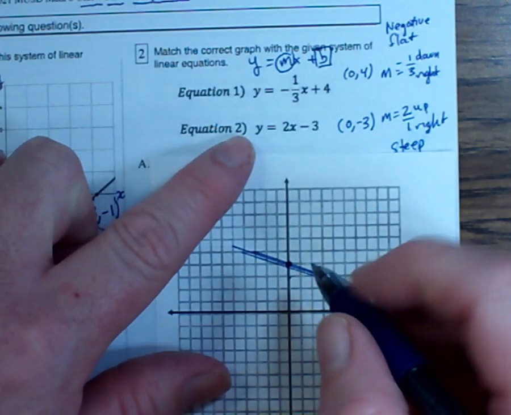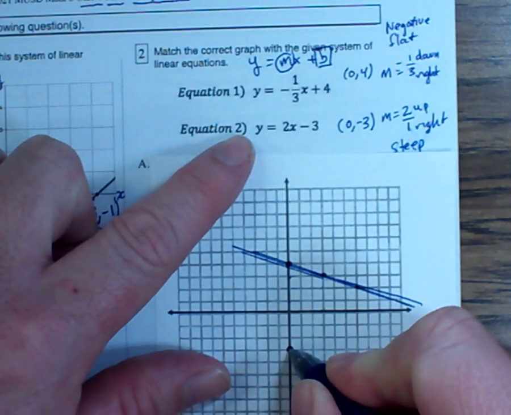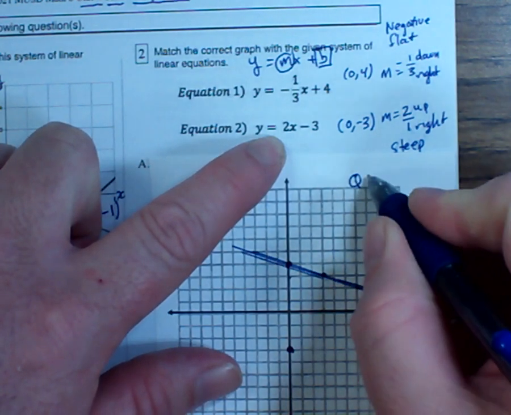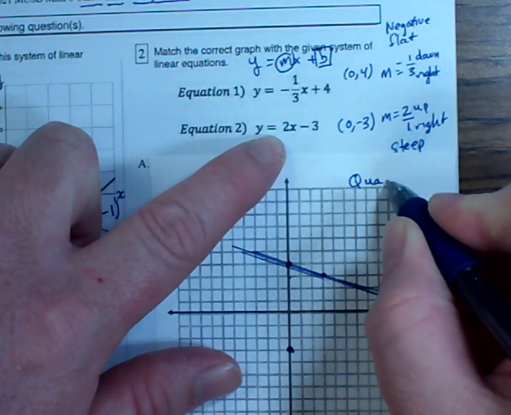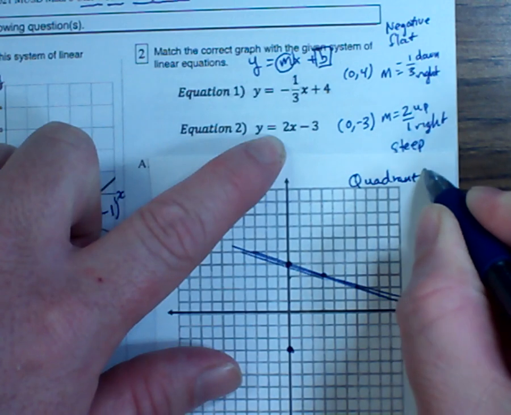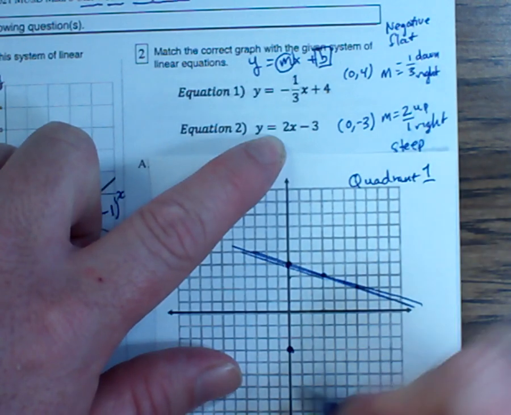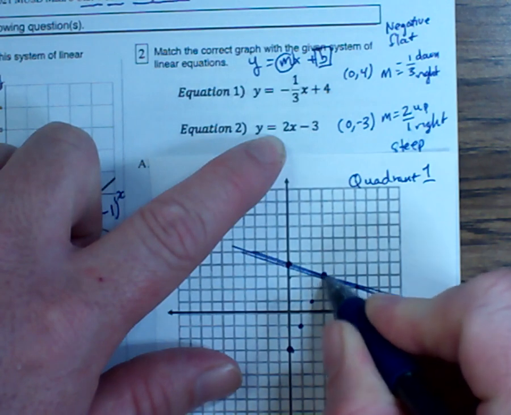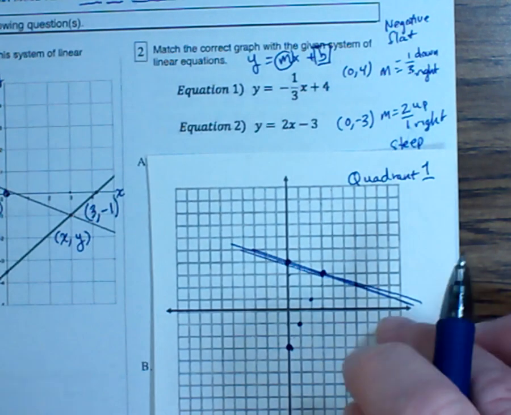And I go to -3, and it's steep. So I already know it has to intersect here in quadrant 1 because this line's going to be steep, rising 2 and running 1, rising 2. It intersects actually right there.